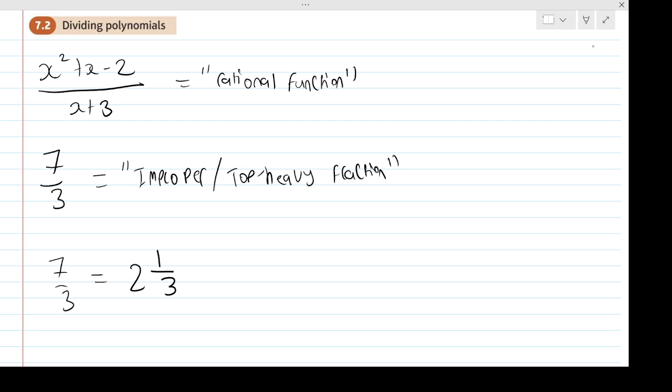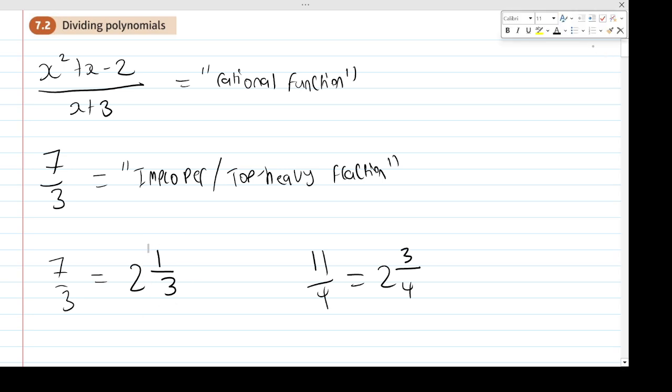Okay, and then another example, say we had 11 over 4. Again, that's top heavy. 11's bigger than 4. So then we could say, well, how many 4's go into 11? Well, 2. 4, 8, but then 12 would be bigger than 11. So we have 2 lots of 4. Then out of 4, to get from 8 to 11, we need 3. And so the whole idea is that we reduce the fraction down to be smaller.